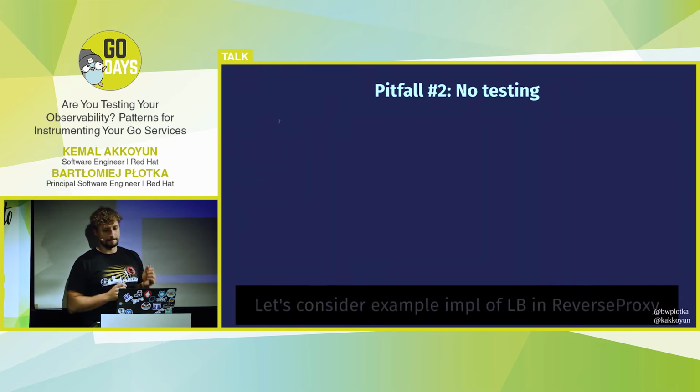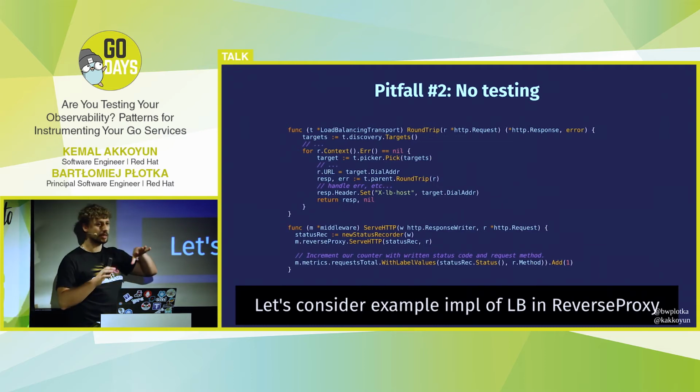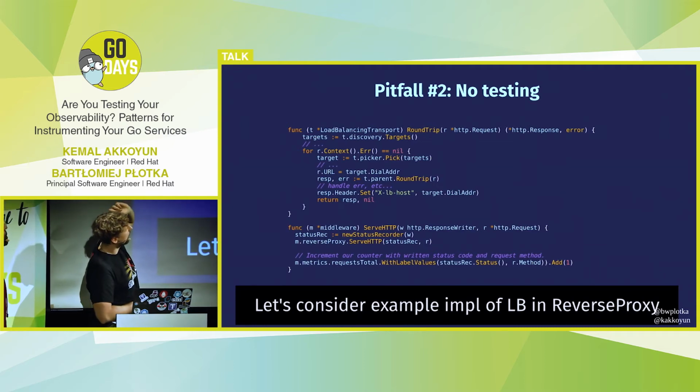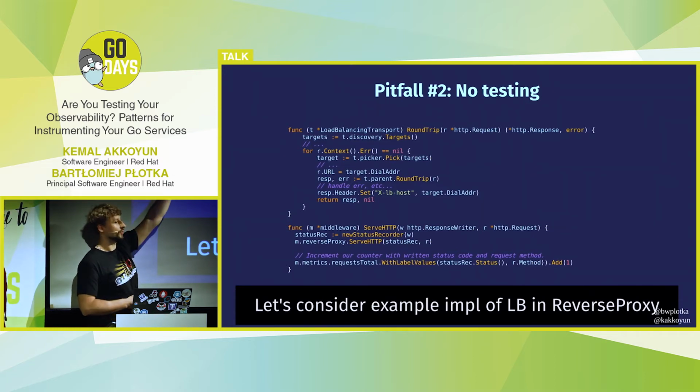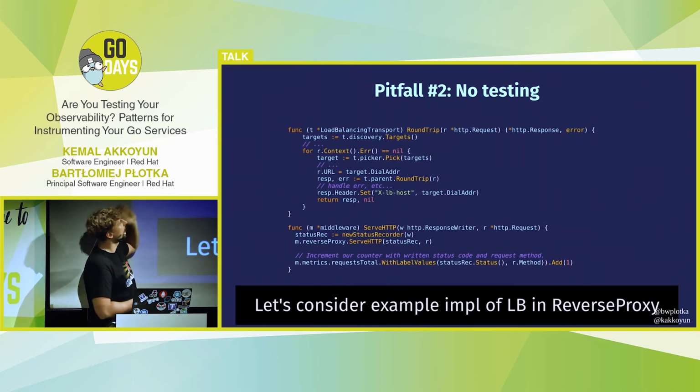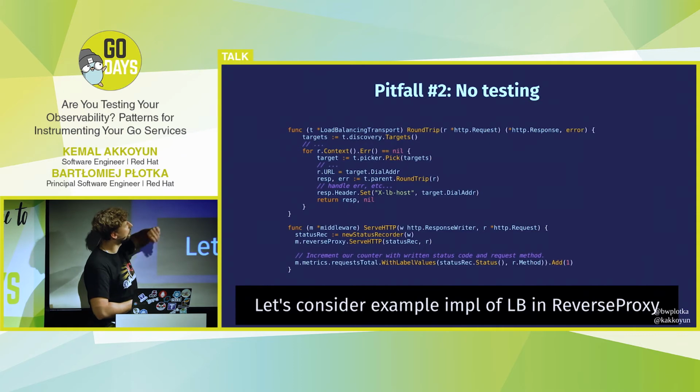Again, let's take some load balancing logic, and again, this is exactly the same as in the diagram. We have a round tripper, which first asks for targets. It takes these targets and asks the picker what target we should choose. And the chosen target, we essentially forward to the proper HTTP default transport, for example.